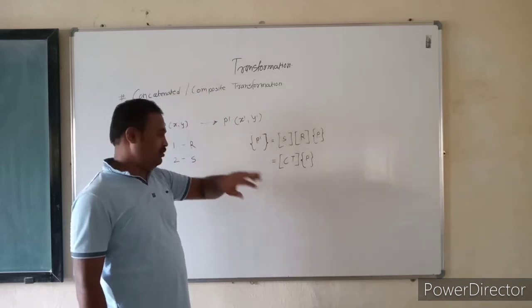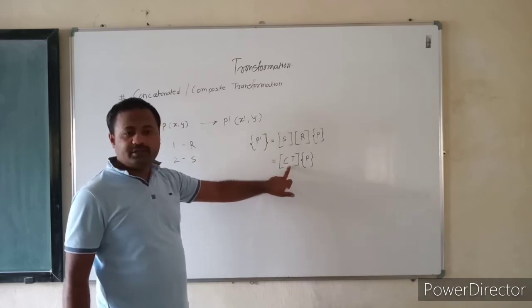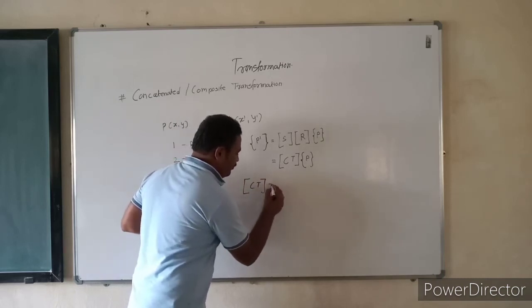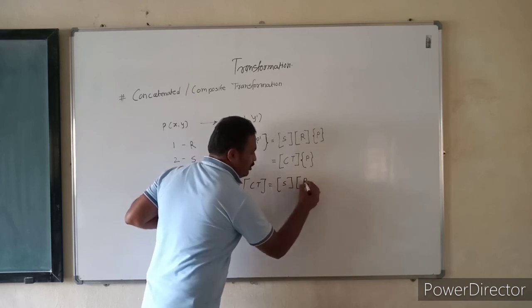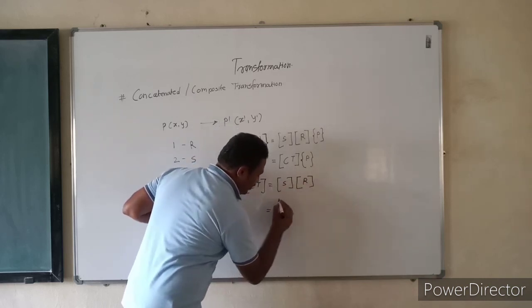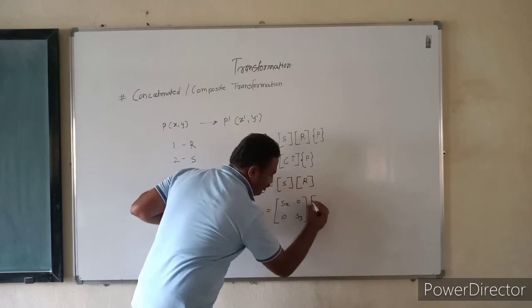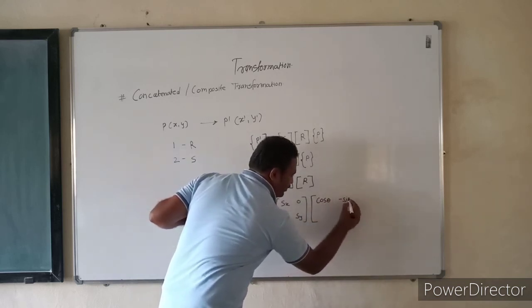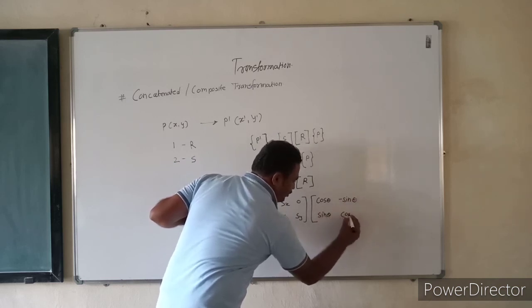CT is a new matrix, called composite or concatenated transformation. To find the CT matrix, CT is the scaling matrix times the rotation matrix. You know the scaling matrix is Sx, 0, 0, Sy, and the rotation matrix is cos theta, minus sin theta, sin theta, cos theta.